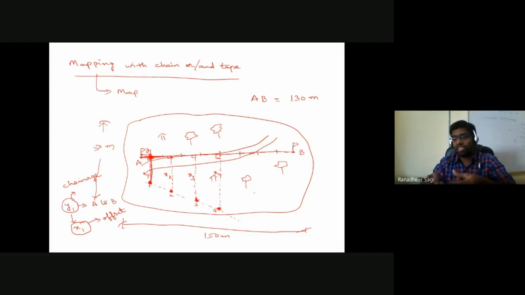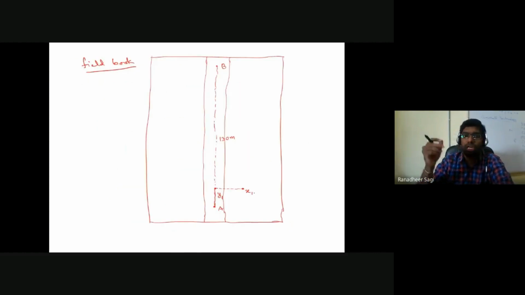Okay. So in the same way, in the field book also, when I am trying to locate the position of those electrical poles from the line AB onto the right side, I am locating the positions of pole 1, 2, 3, 4. Now in a similar way, from point A at a chainage distance of y2, I have an offset distance x2 to locate the position.